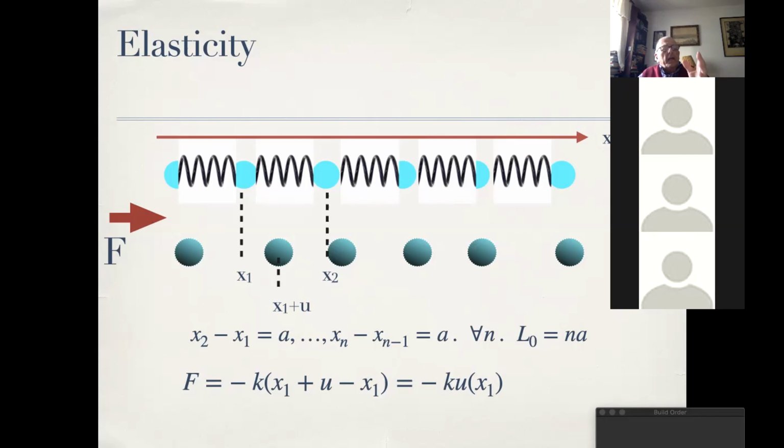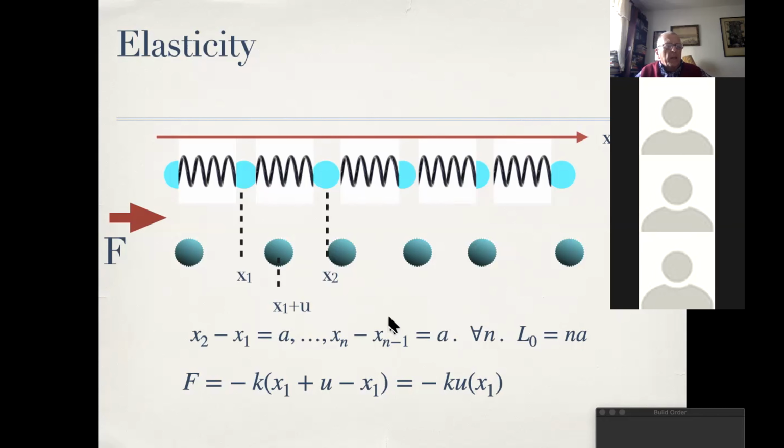And if they move not too much, then the difference between the old and new position of the particles will be just proportional to that displacement, which I have denoted by a little u.